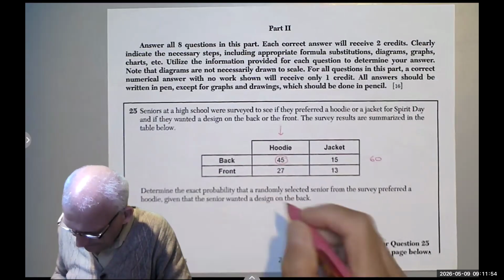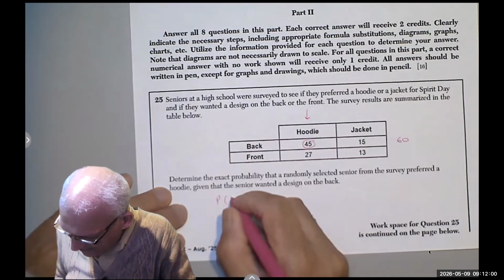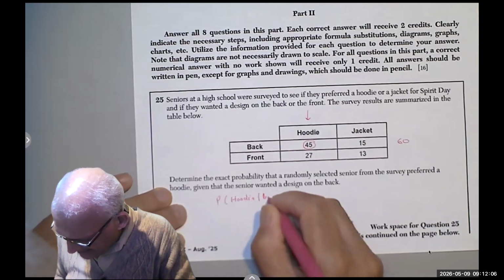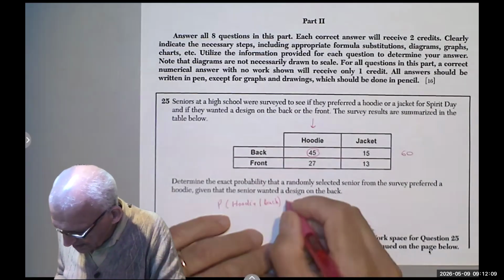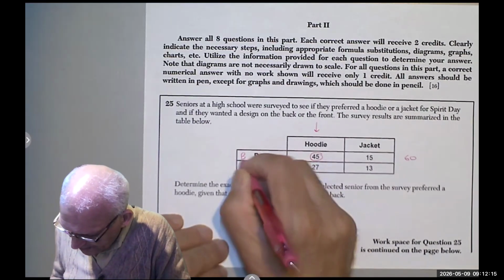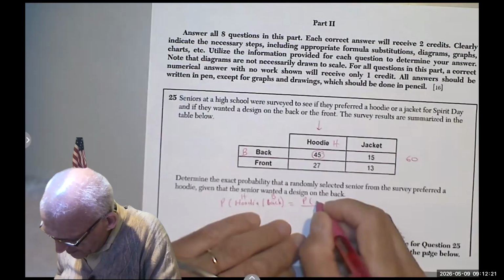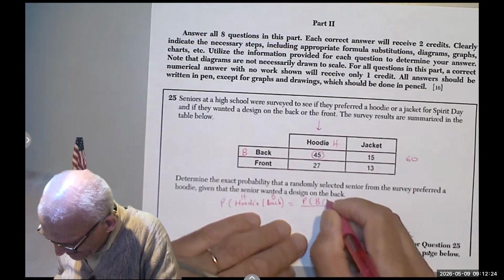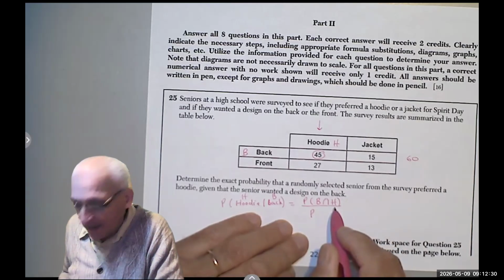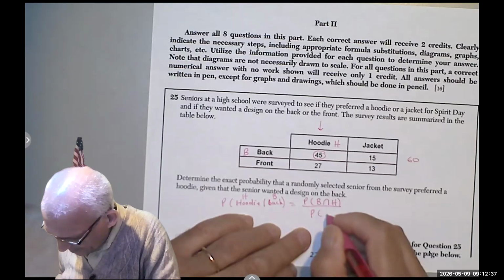So you would say the probability of a hoodie given back design equals the probability, let's call that H and that's B, so B and H. It's the probability of back and hoodie, given the probability of the condition, meaning the probability of back.